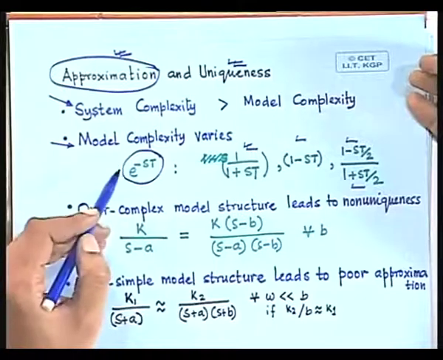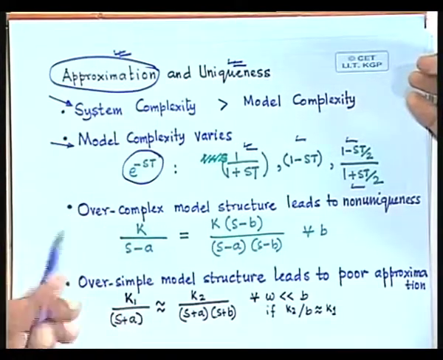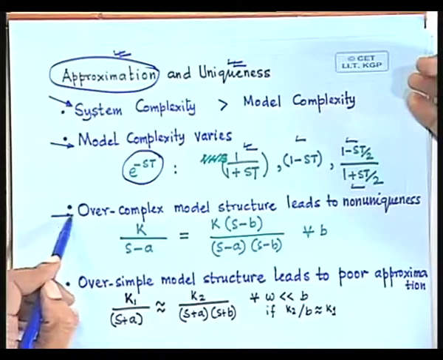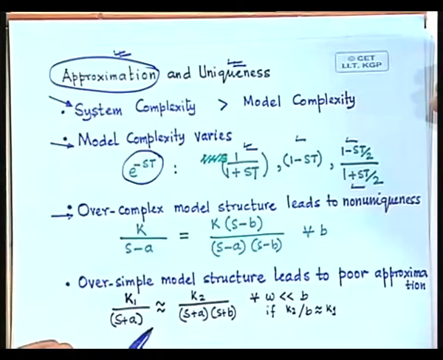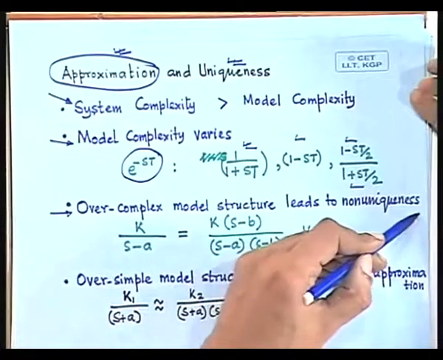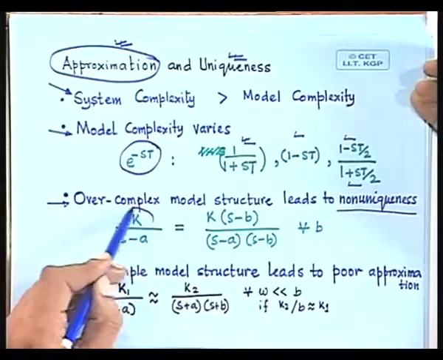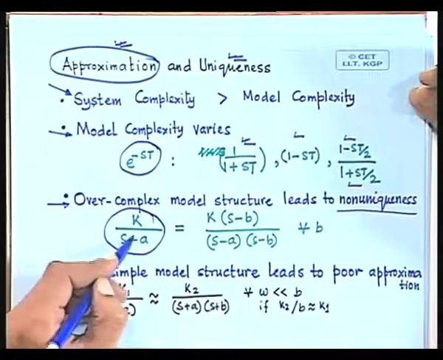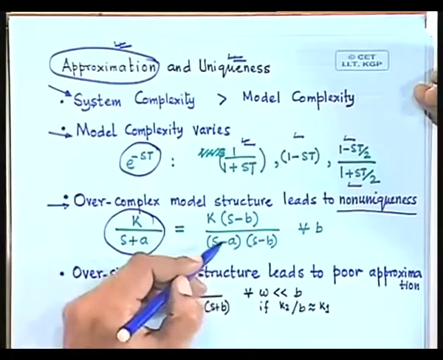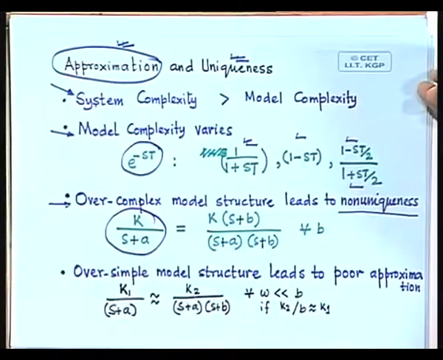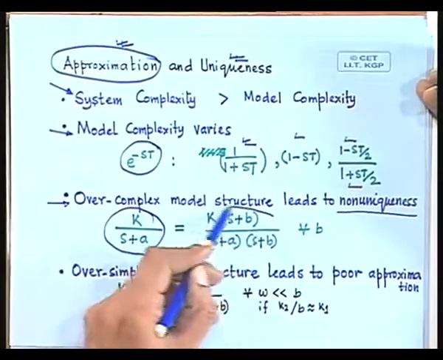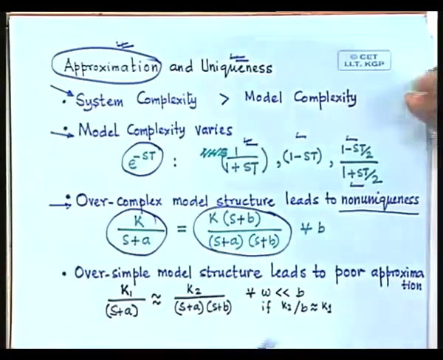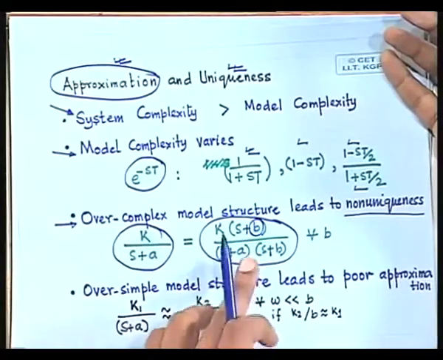Now you cannot choose too complex models because they will lead to loss of uniqueness. For example, if the system data is really generated from a system which has a transfer function k by s plus a, then remember that if we are looking for second order models, we'll get so many choices, because all such second order models for any value of b will actually fit this system.